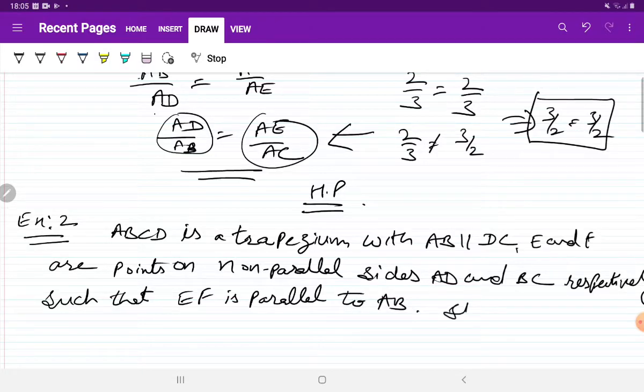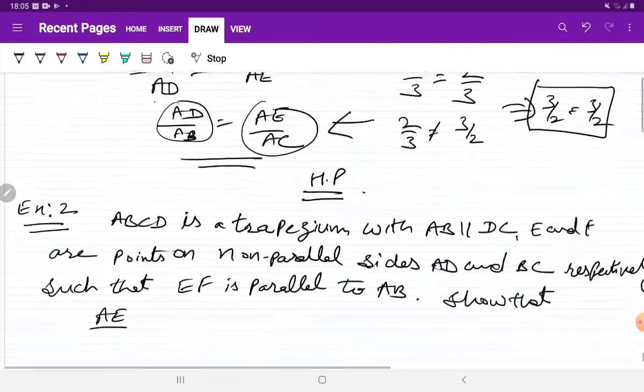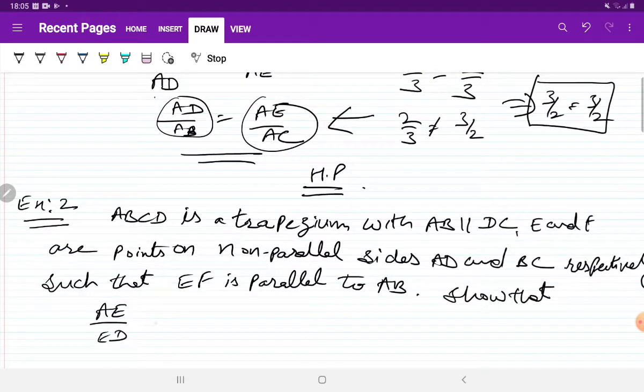Show that AE upon ED is equals to BF upon FC.